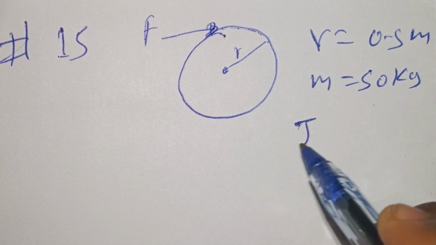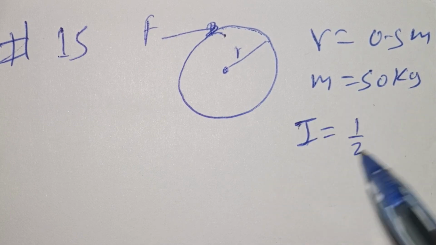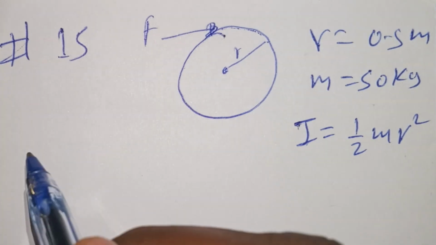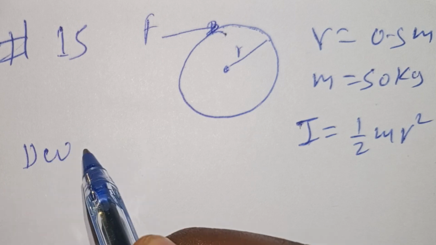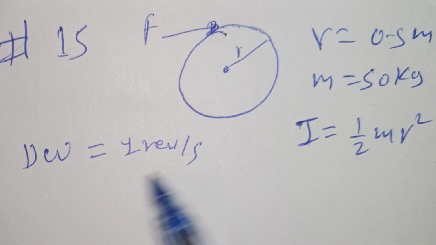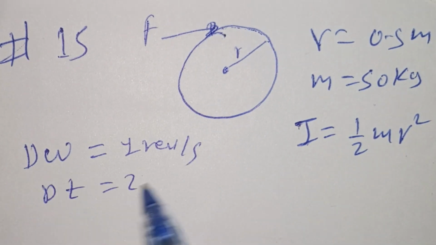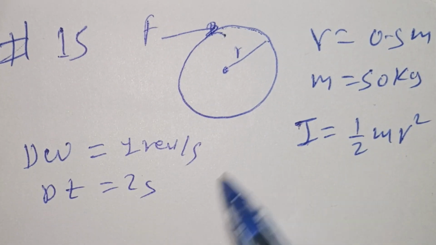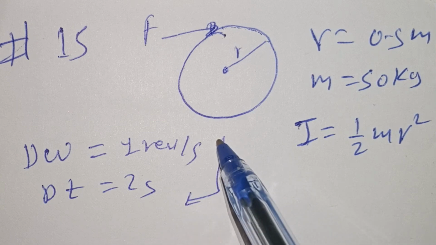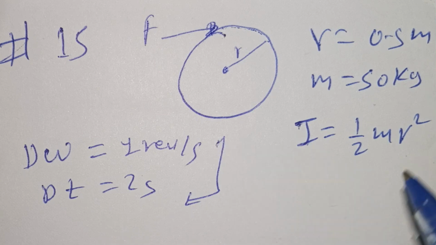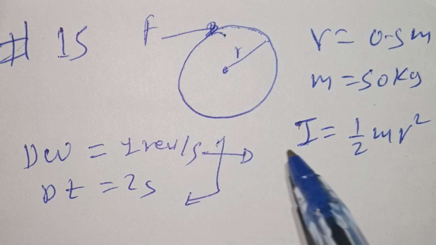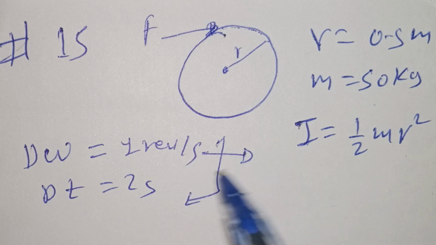So the moment of inertia of the disc is given by a half of m times r squared. The angular velocity delta omega changes by 1 revolution per second in every 2 seconds. So by using this concept, we can easily calculate the angular acceleration. Before going to that, we have to convert revolutions per second into rad per second, the SI unit.